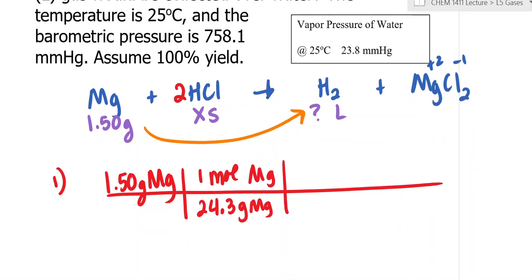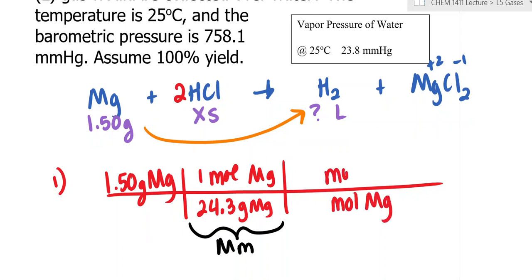This step is a molar mass step. And this is just using the coefficients.